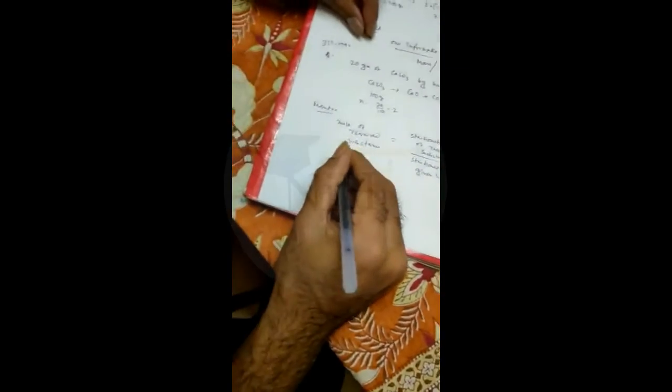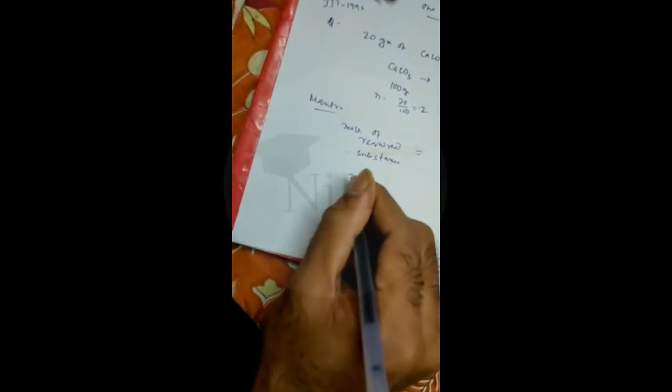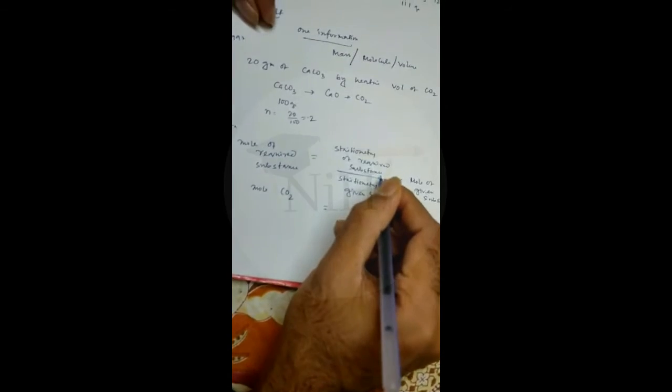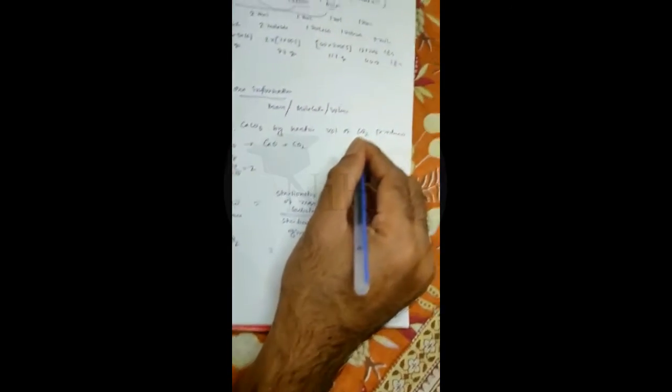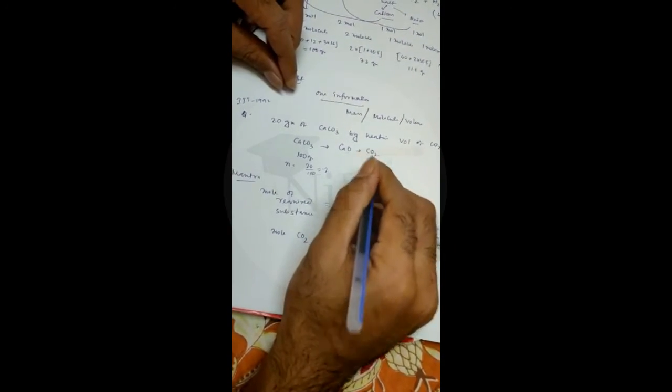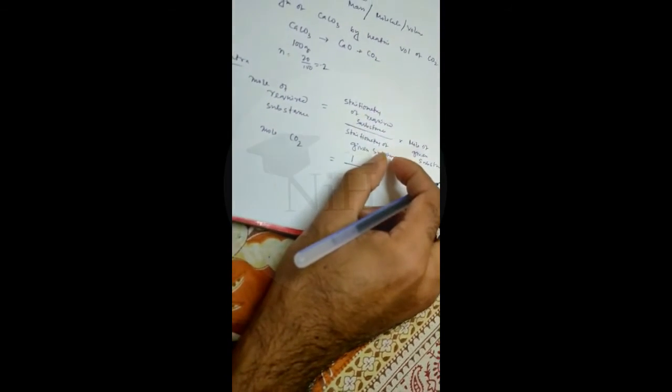So from this equation we have to find CO2. We can write mole of CO2 equal to stoichiometry of the required substance. Now we have to find CO2 and from the balanced chemical equation, the stoichiometry of CO2 is 1, divided by the stoichiometry of the given substance.